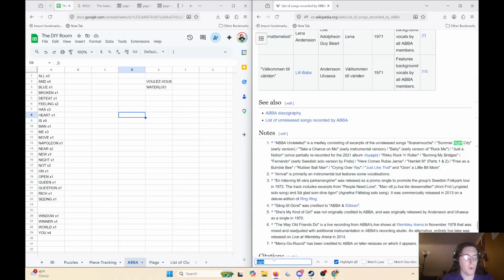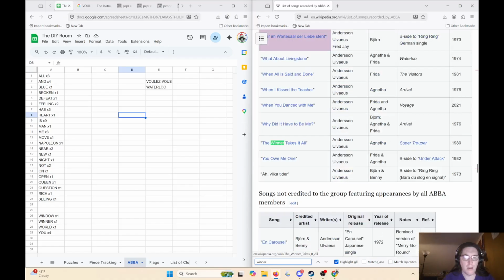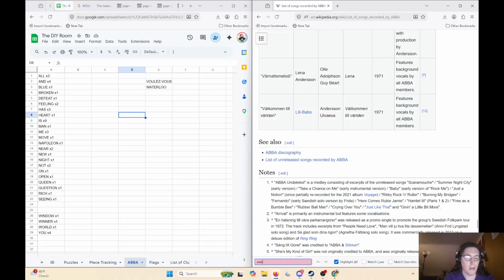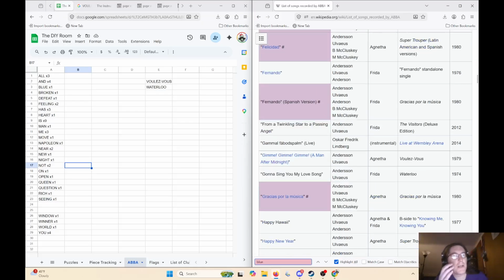Okay, how are there not more songs? We're missing dancing to go with queen. We're missing crazy to go with world. How does this bank have literally two ABBA songs in it and then nothing else?